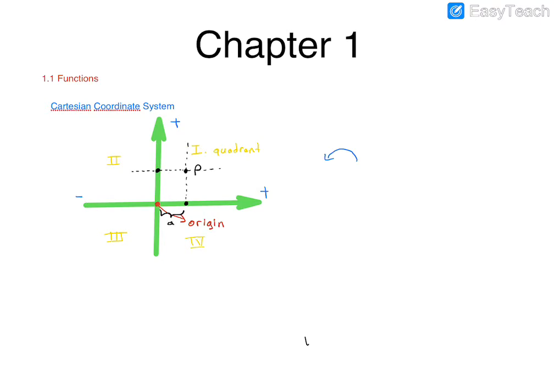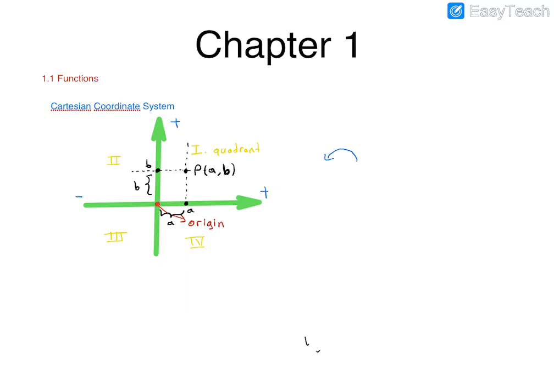Let's say this length is A, so this point is called A. And if this length is B, this point is called B. So the coordinates of the point P are A, B. These two numbers, A and B, are written as the ordered pair (A, B), and are called the coordinates of the point P.